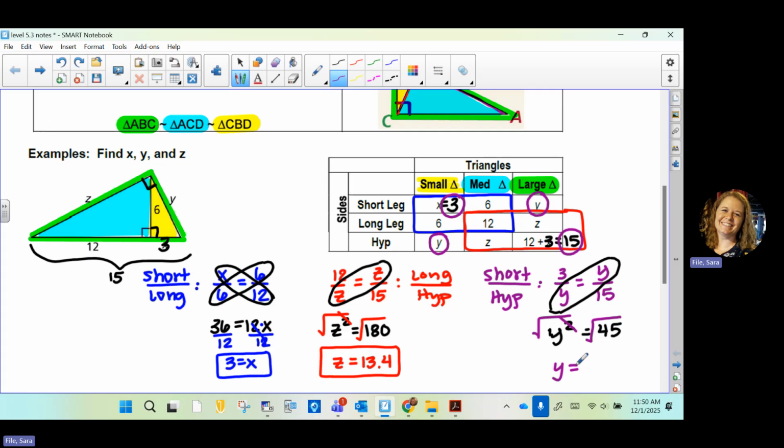If you do square root of 45, it's going to be approximately 6.7. Now, if you wanted to check yourself, label this in your picture. So we got 6.7 here. We got 13.4 here.